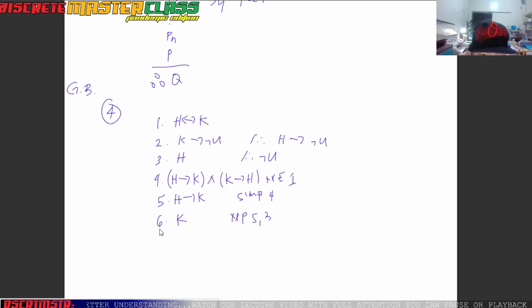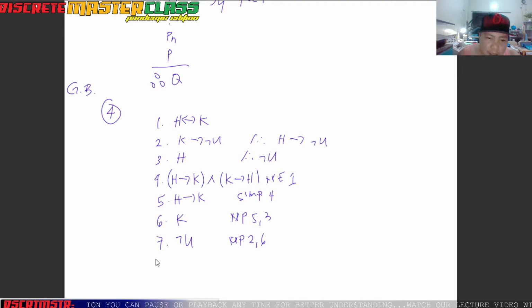Then from that, number 7, pansinin mo yung number 2 tsaka number 6. This is also MP. Because number 2 is K implies not U, number 6 is K, exactly the premise of number 2. So you can detach not U. Again, that is only MP for number 2 and number 6.